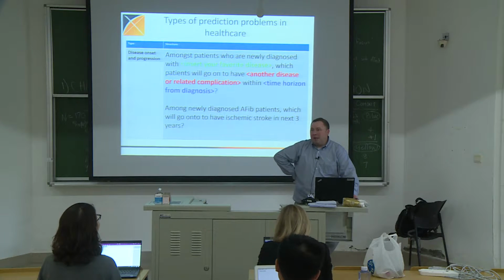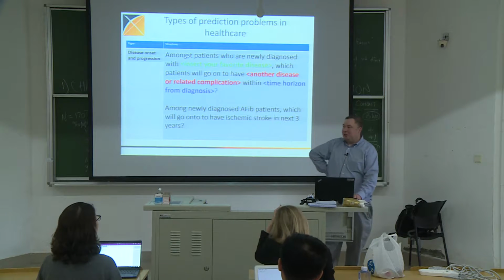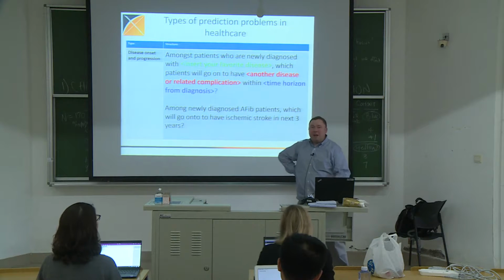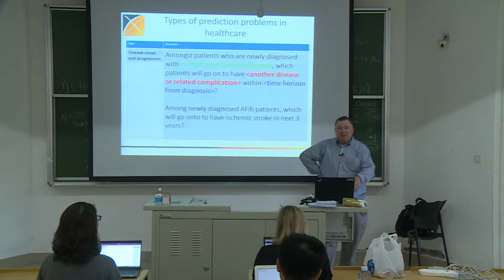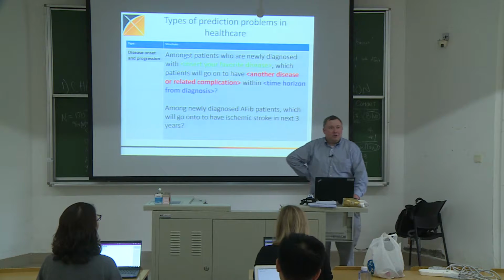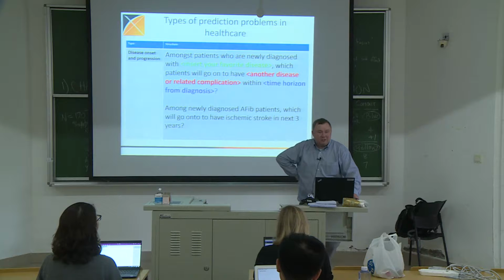If you think about maybe your own experience, and maybe you have had the experience of having a disease, or someone that's close to you, a family member or a friend who's developed a disease, think about in those circumstances what information you would have liked to have known that you didn't know at the time.